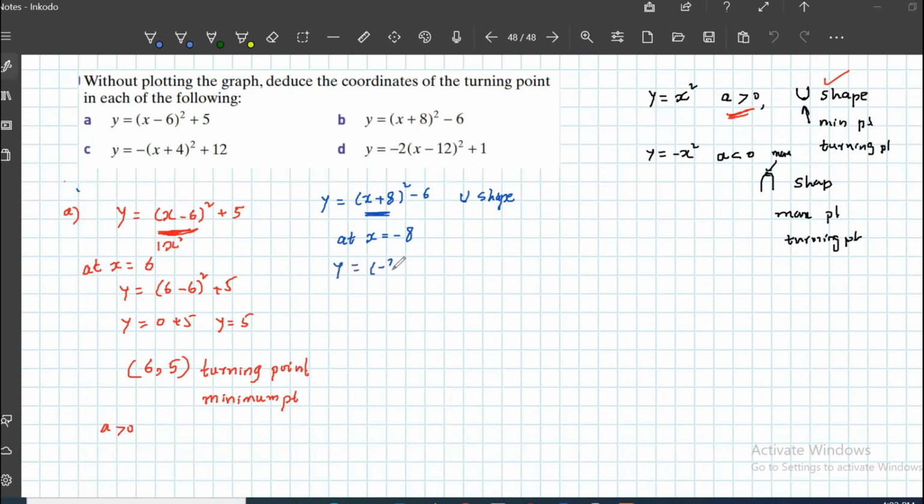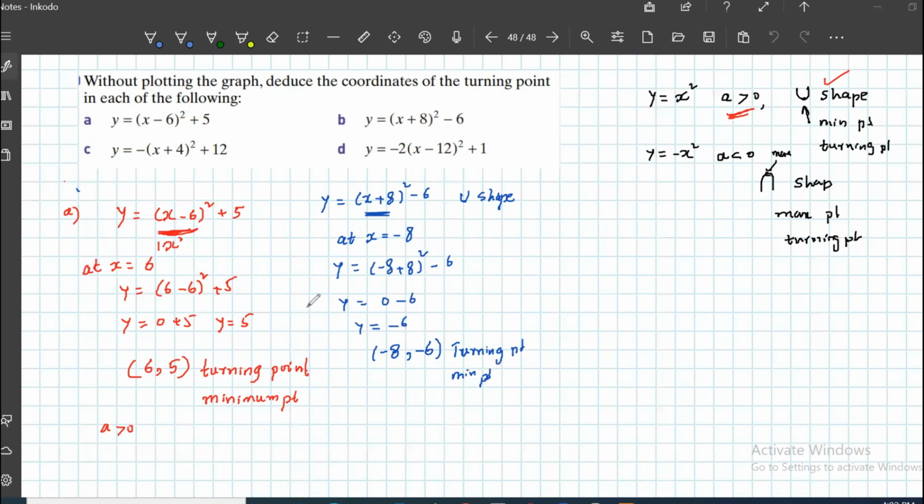Means y is equal to (minus 8 plus 8) whole square gives me 0 square. So the last answer is minus 6. So the required coordinates are when x is negative 8, y is negative 6. So this is the required turning point, or we can say the minimum point.